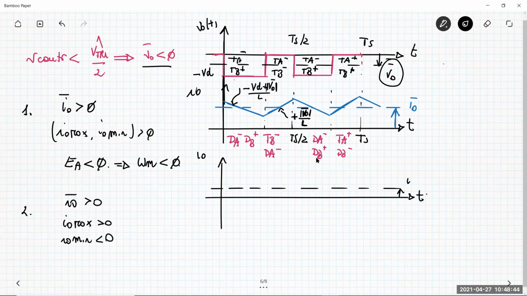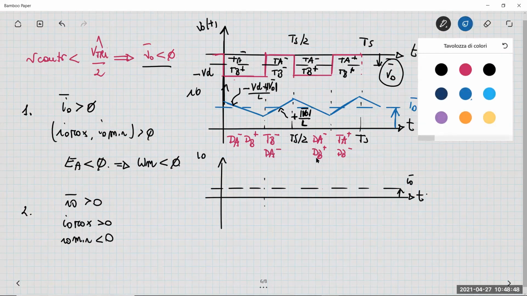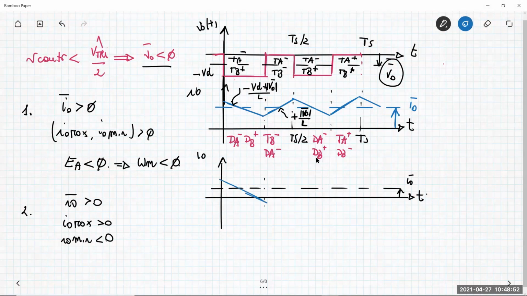So you have I naught, which is positive, but the current has something like this.